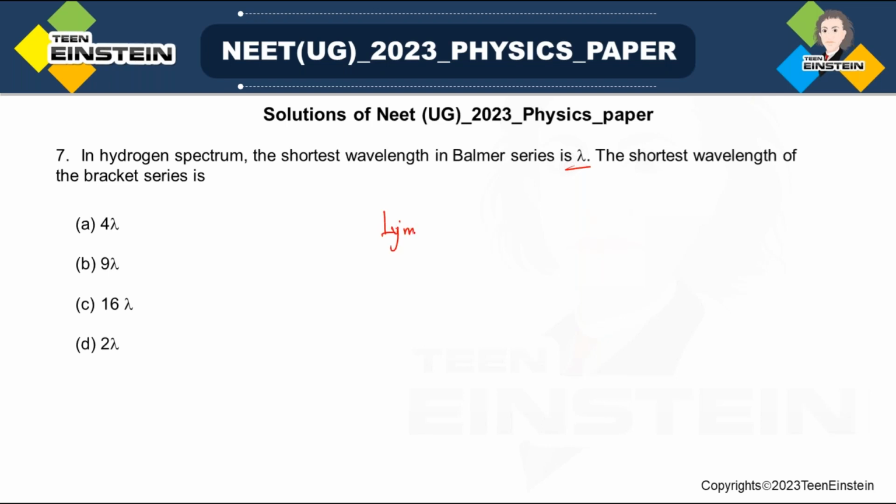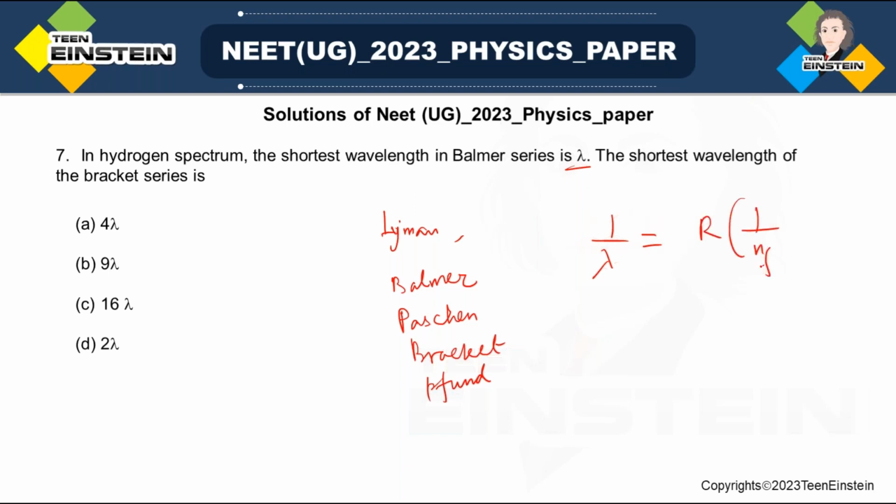Lyman, Balmer, Paschen, Brackett and Pfund series. So these are the five series we know. In general, the wavelength can be found out by writing this formula, with final and initial levels, where it goes and from where it goes.